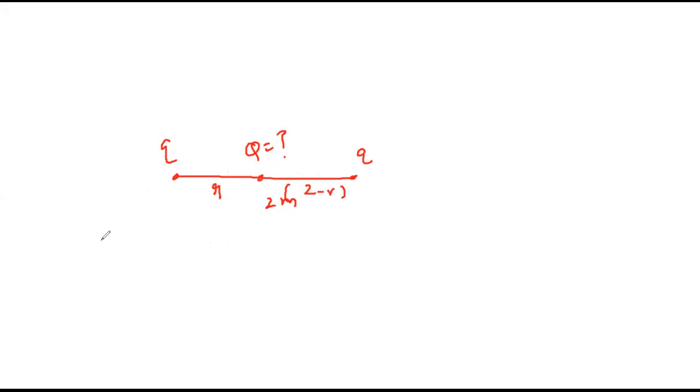Now system in equilibrium means everywhere net force should be 0. If I consider this as first charge, this as second charge, this as third charge, force acting on first charge due to third will be outward, repulsive force.